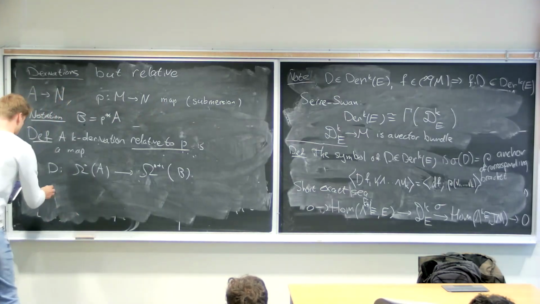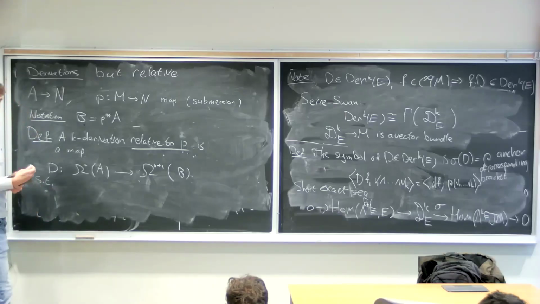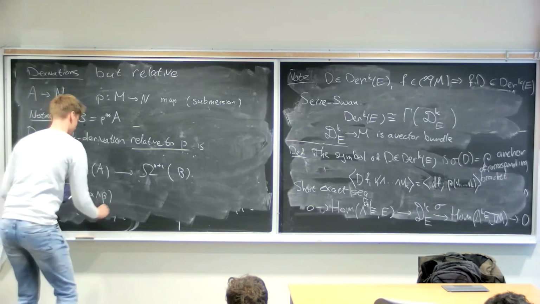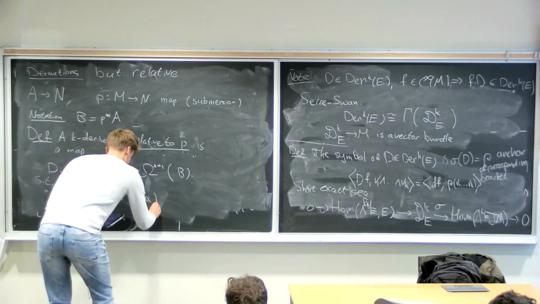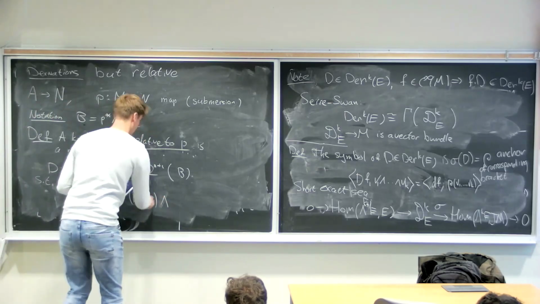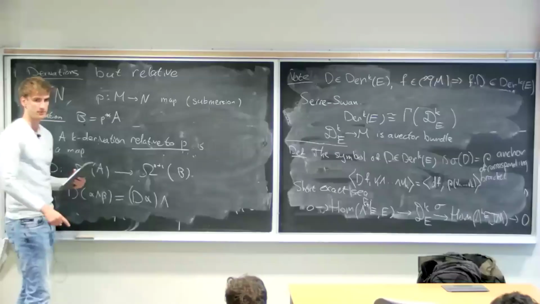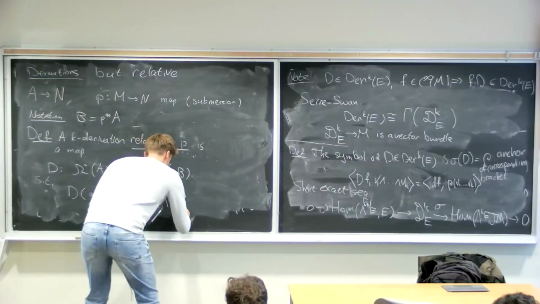Well, it's not an ordinary map, it's a linear map that still satisfies a Leibniz property that we can make sense of. D of alpha wedge beta equals, first we have D acting on alpha, and then we land in forms on B, but beta is not a form on B, so we have to pull it back to B to make sense of it.